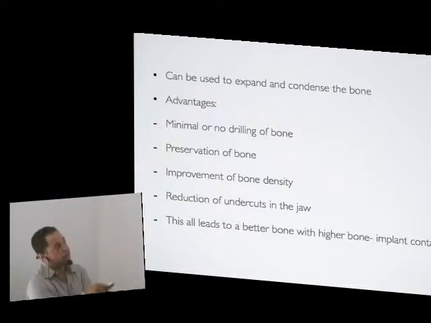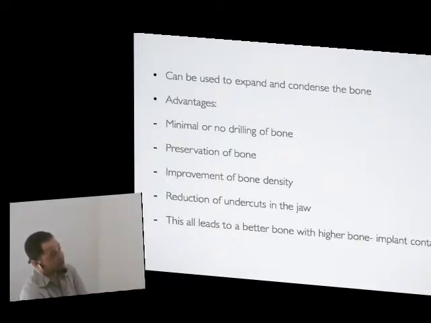So condense in type 3 and type 4, and expand if you don't have enough width of the ridge. So what are the advantages if you use it? Minimal or no drilling. Minimal means that we have to use obviously the pilot drill first. Anyway we preserve the bone. We don't remove the bone, and by preserving it we condense the bone, which improves the bone density.